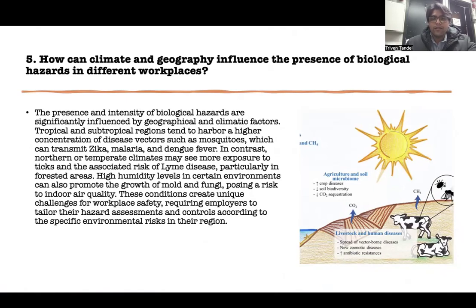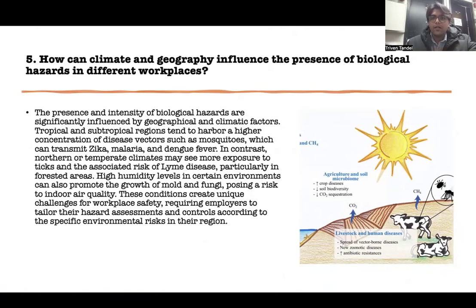Higher humidity can also promote the growth of mold and fungi, posing a risk to indoor air quality, and farmers get more disease because of humidity, which has a big impact on mosquitoes and other insects. These are causes of biological hazards, and they are potentially very risky to the environment in different regions.